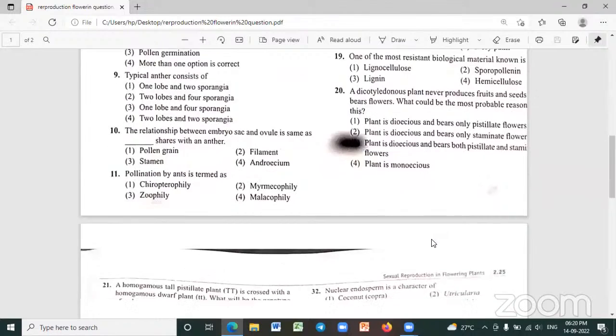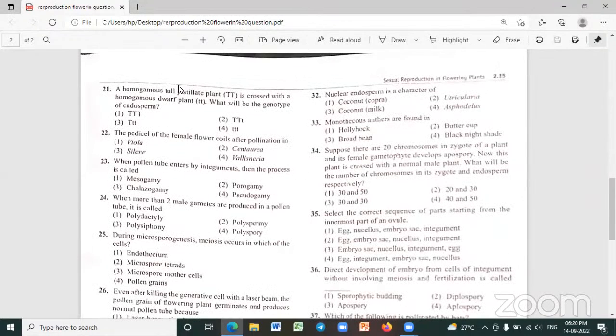So we'll pass on to the next one, 21. Here, see here, a homozygous tall pistillate flower. Just go to the monohybrid cross. This we haven't discussed already. TT is denoted as the tall one, small t is denoted as the dwarf one.